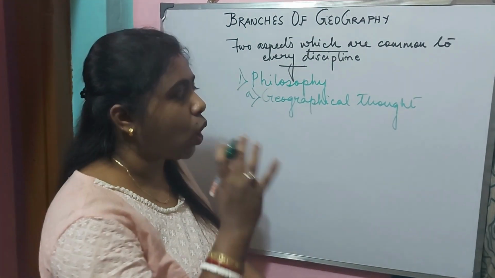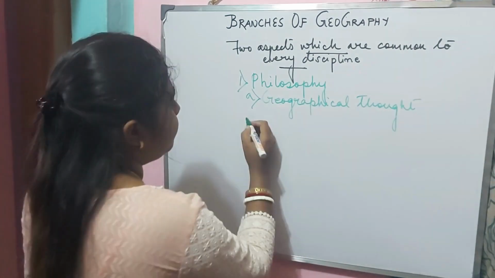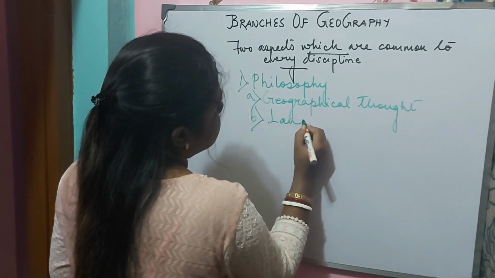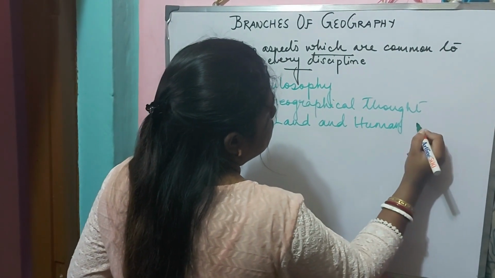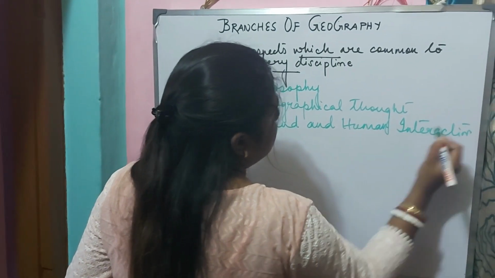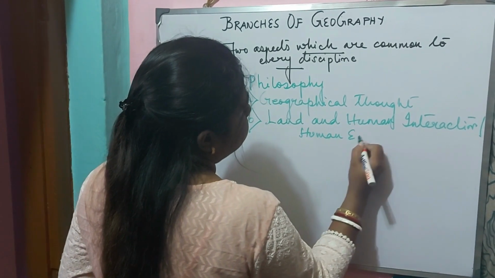So geographical thought is another important aspect related to geography. And land and human interaction. It can also be said human ecology.